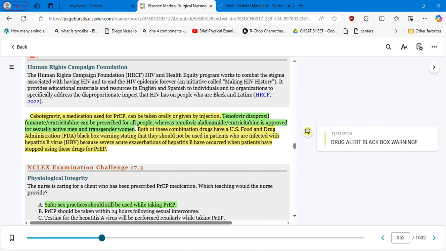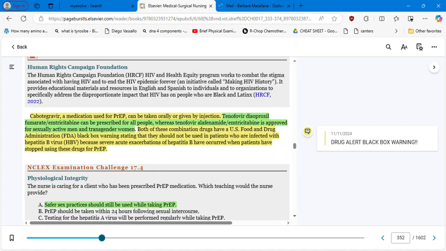Both of these combination drugs have a U.S. Food and Drug Administration black box warning. Both of the tenofovir drugs have a black box warning, stating that they should not be used in patients who are infected with hepatitis B virus because severe acute exacerbation of Hep B has occurred when patients have stopped using this drug for PrEP. So this is a drug alert black box.